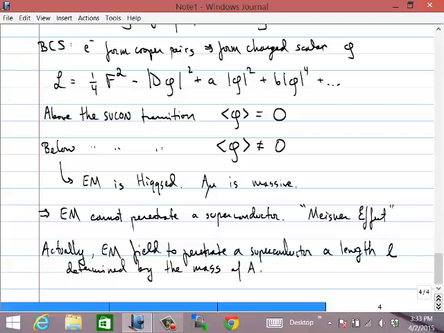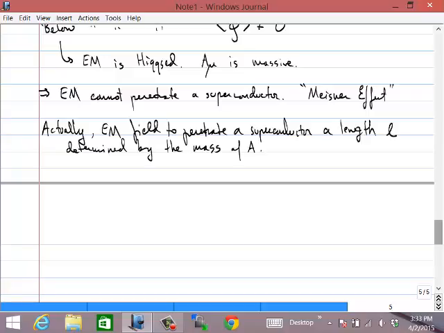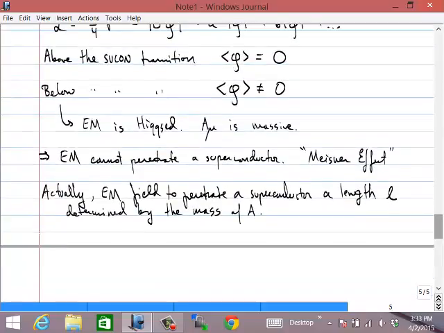So this length scale, which determines how far into a superconductor the electromagnetic field can penetrate, is known as the London penetration length.